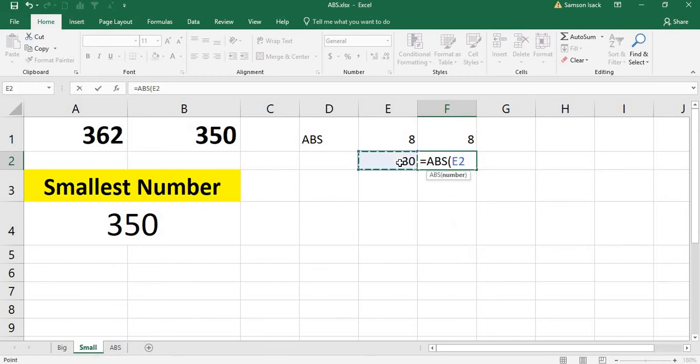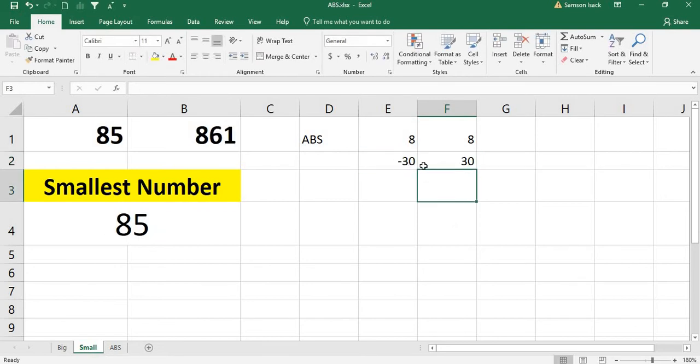ABS of minus 30 is 30, so negative 30 becomes positive 30, and 8 stays 8. What about 8 minus 2?